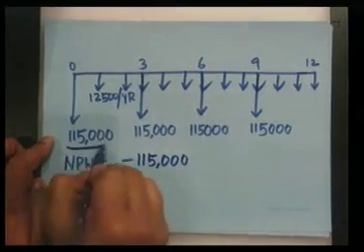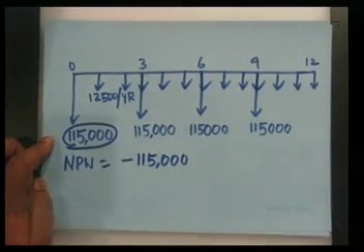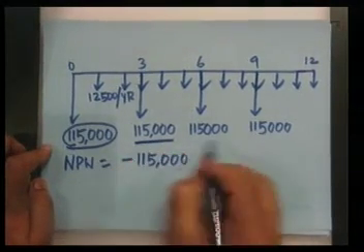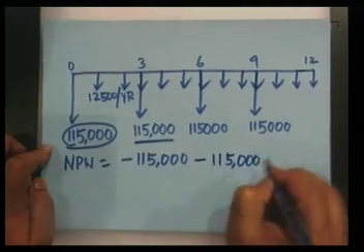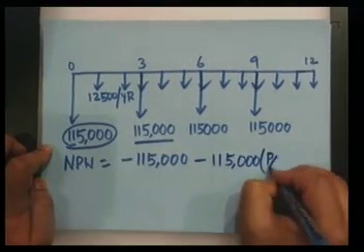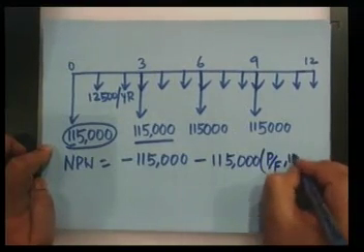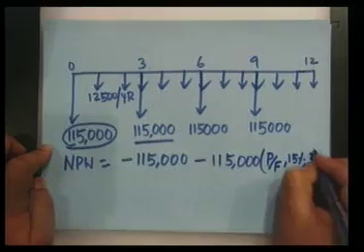Why? This value is at time t equal to 0 itself, so no change. Whatever amount is given, that itself is its present worth. Now come to this, it would be minus 115,000 P given F, 15% for a period 3.